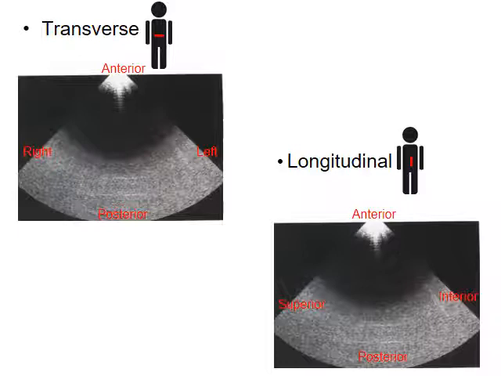This will be the right hand side of the patient, and this will be your left hand side of your patient. Okay, so if you're in the transverse plane, you've pushed that dominant side of the transducer to your patient's right hand side. This is the orientation you're looking at on your image.